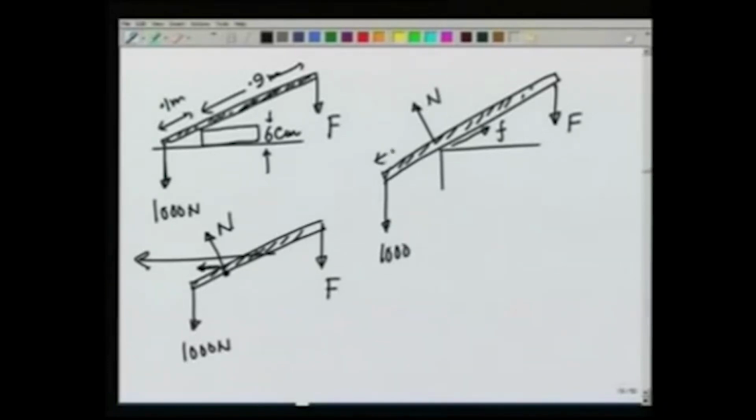This distance is 0.1 meter, this distance is 0.9 meters, and the friction is sufficient to prevent slipping. We want to know the value of F. How much force should I apply down in order to lift this weight of 1000 newtons?